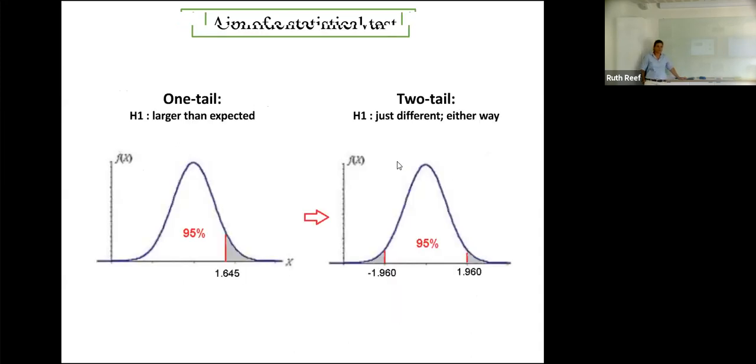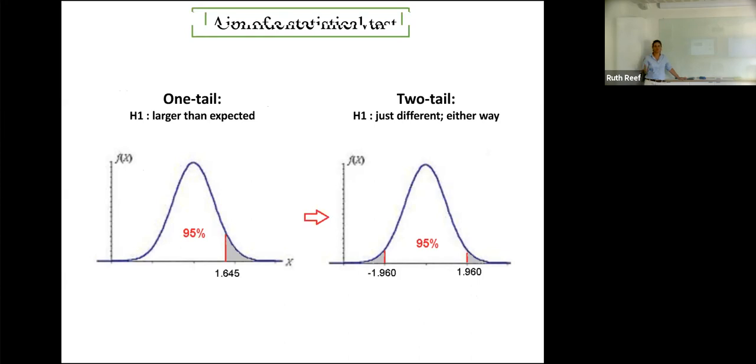So this was our normal distribution, okay? And we spoke about how we can have quantiles. So the 95th quantile of the distribution sits, if it's in one tail, only to one side of the distribution, we have all of that 5% sitting in the larger values.